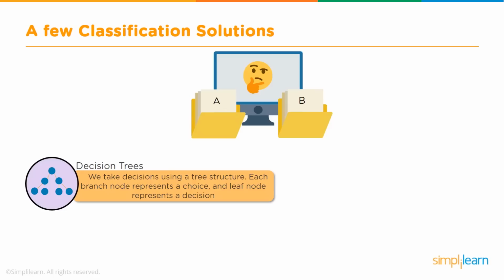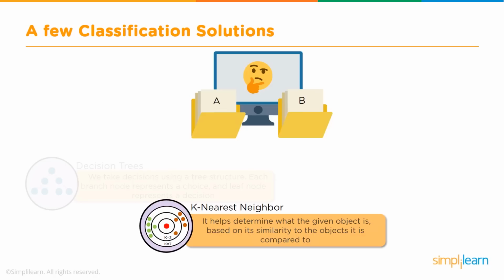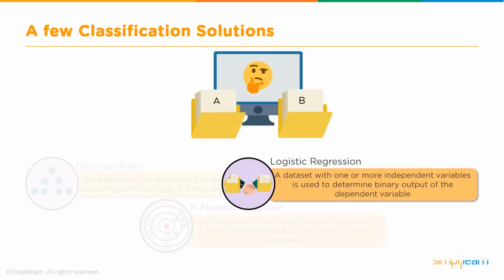There are of course multiple algorithms, but here we will talk about a few. Decision trees are quite popular and very easy to understand, and therefore they are used for classification. Then we have k-nearest neighbors. This is another algorithm for performing classification. And then there is logistic regression, and this is what we are going to focus on in this video, and we are going to go into a little bit of detail about logistic regression.